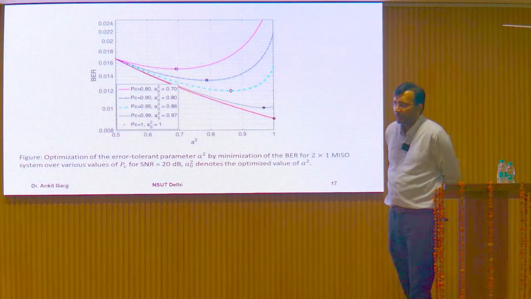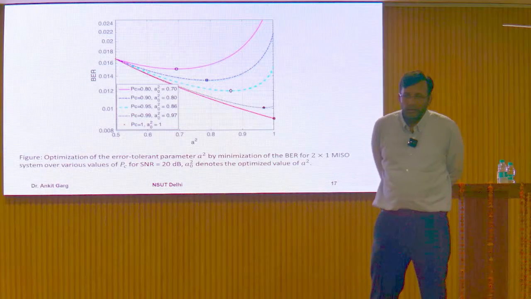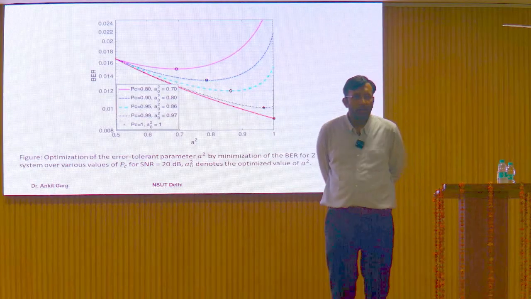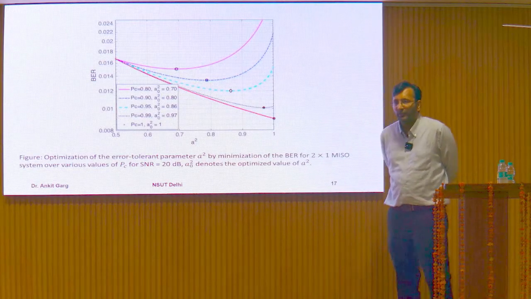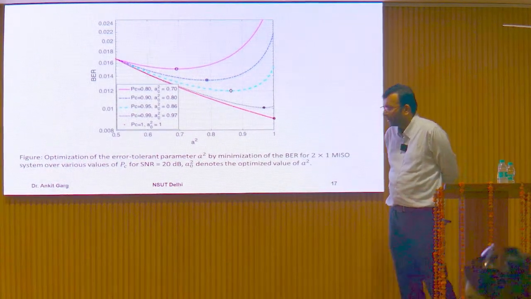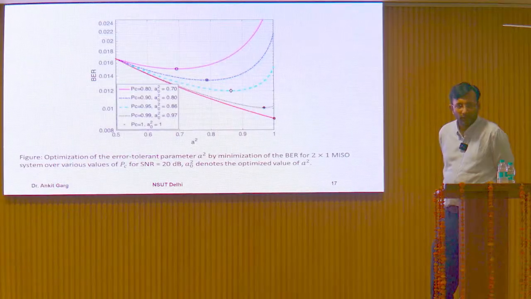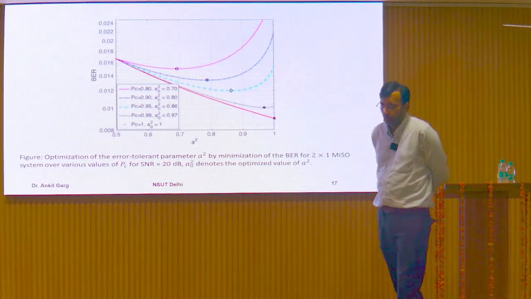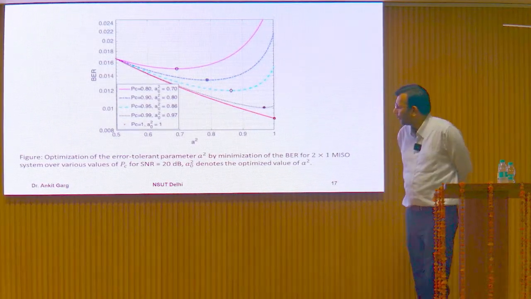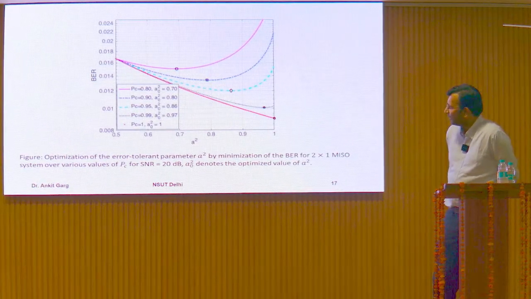This PC represents the probability of correct detection of feedback, right? On that feedback link, what would be the probability that we would get the correct quantized bit feedback at the transmitter from the receiver? If we have an 80% probability of decoding correctly, we get A square as 0.7. It means 70% of the power is going to be allocated to one antenna and 30% to another, right? So according to the probability of correct detection at the transmitter, we choose the optimum value.